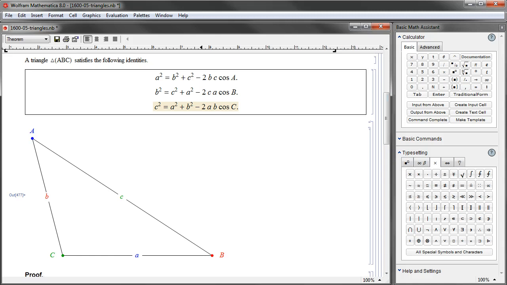Let's make one more observation here. In a special case, say, when C is 90 degrees, what is cosine of 90 degrees, or cosine of pi over 2? That's 0. So this highlighted part, this blue part, is 0, so this entire part is 0.